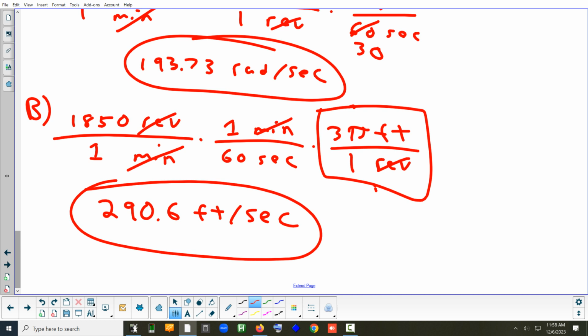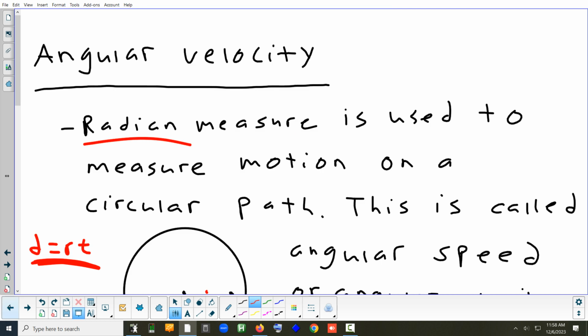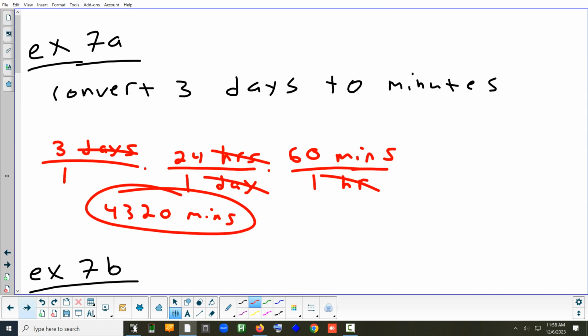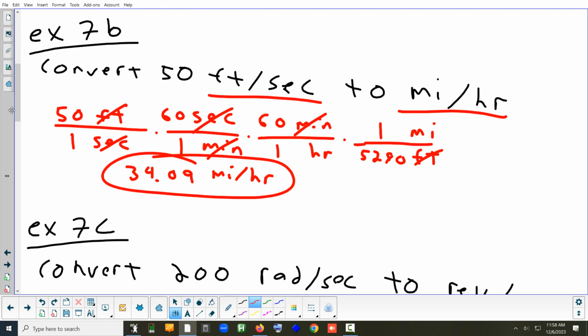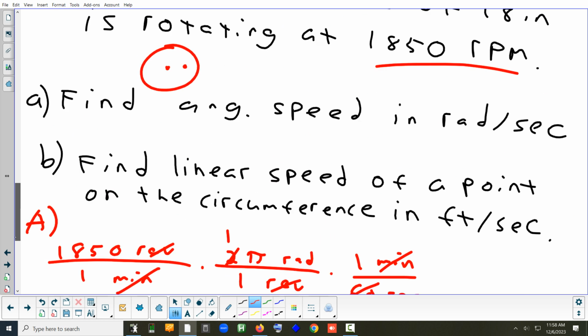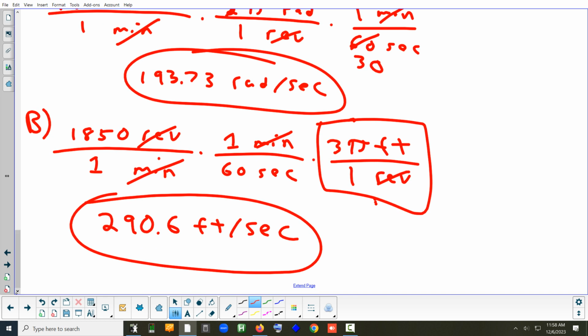Yeah, that's pretty fast. If you look back at the problem we did, 50 feet per second was 34 miles an hour. This is almost 300 feet per second, so it's almost 6 times as fast as that problem. So that's close to 200 miles an hour. You're probably not getting out of the way, unless you're a long way away from it.